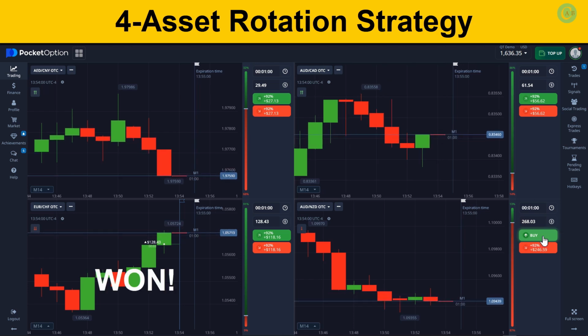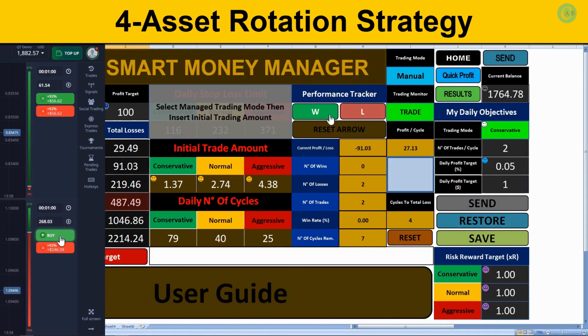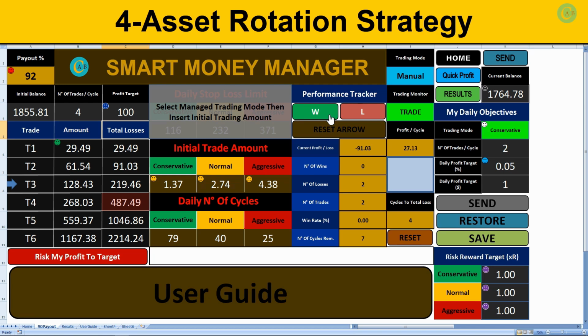It's a winning trade. So I'm gonna move to my Smart Money Manager and update my results with, this time, the green W button to tell my Smart Money Manager that I've won the current trade, which is the third trade.